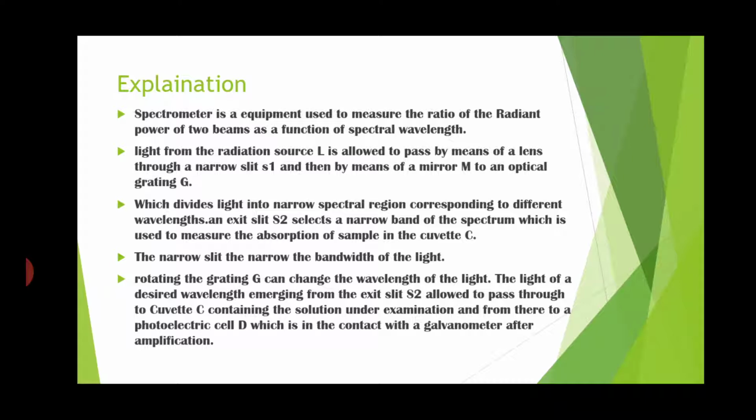The light of a desired wavelength emerging from the exit slit S2 is allowed to pass through the cuvette C containing the solution under examination, and from there to a photoelectric cell D, which is in contact with the galvanometer after the amplification.